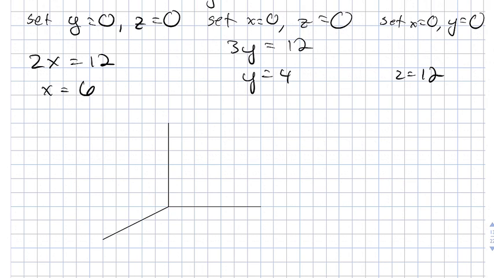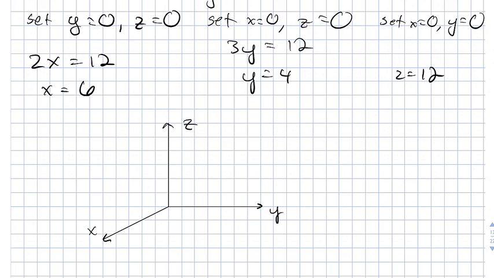Normally when we do this, for it to be the correct orientation, it has to curve from the x to the y. So this needs to be our positive x, this needs to be our positive y, and this needs to be our positive z. We could also go down, but I'm not going to draw those just yet.